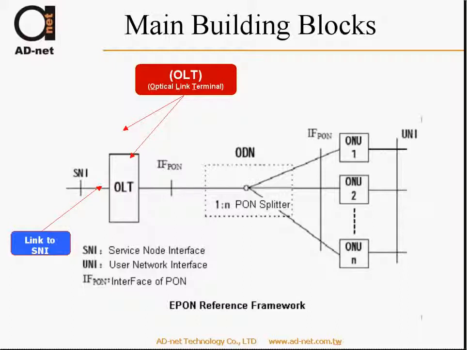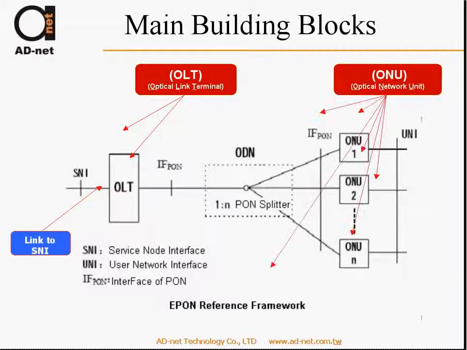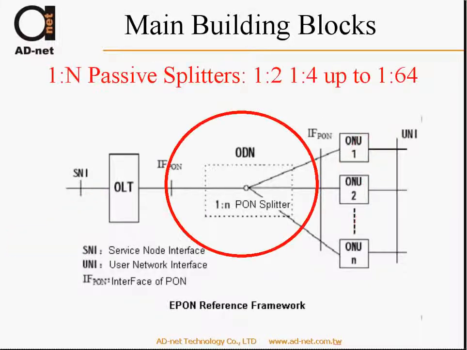Next, here is the OLT, which stands for the Optical Line Terminal. Here is the ONU, which stands for the Optical Network Unit. Those are the two parts which actually need power. And now for the most important concept of the GEPON: here we have the splitters, which we were talking about in the first part of the presentation.